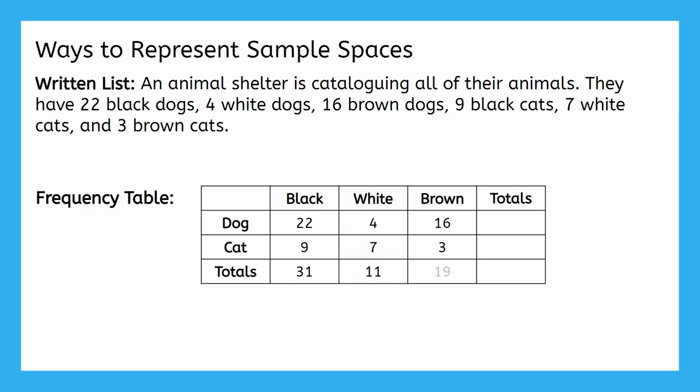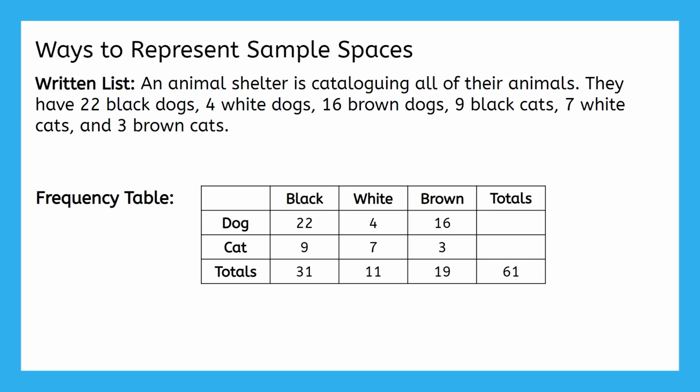There are also 19 total brown animals. This box represents the total of this row. So all 31 black animals plus 11 white animals plus 19 brown animals makes 61 total animals.